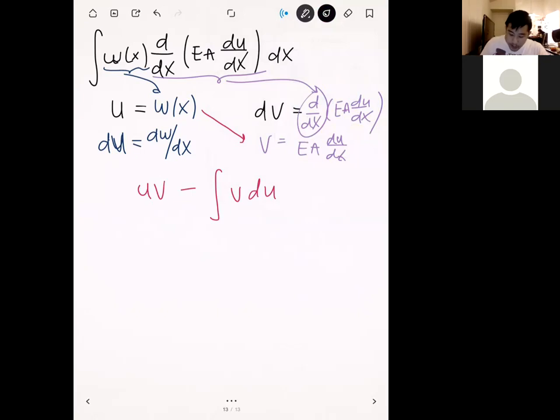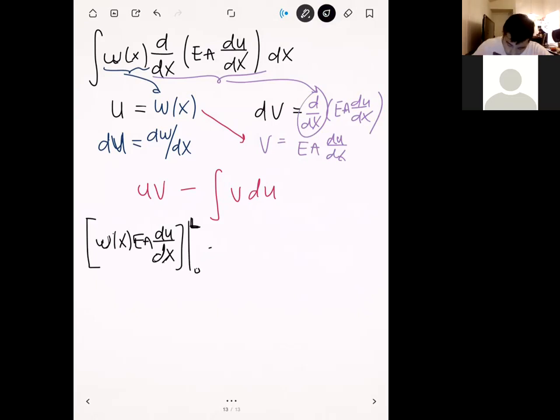First we have u times v, and so u times v is going to be w of x times EA du dx. And since this is an integral, we're going to evaluate this from 0 to L. We basically consider that term to be already integrated.